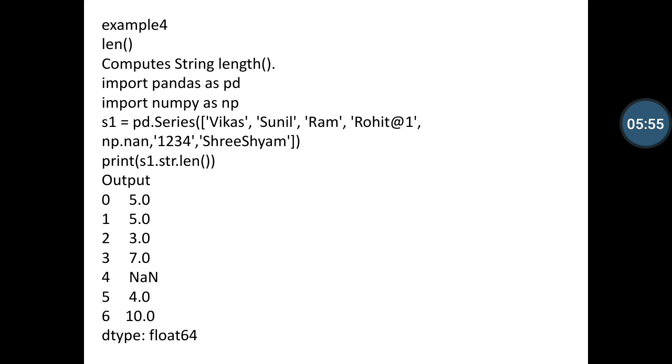For example, at the 0th position I have defined Vikas, which contains 5 characters, so your output is 5.0. And in the last option, Shri Sham contains 10 characters, so your answer is 10.0, and the data type is float64.